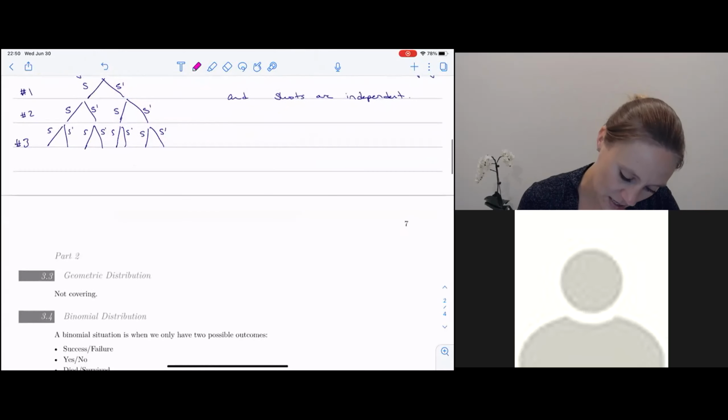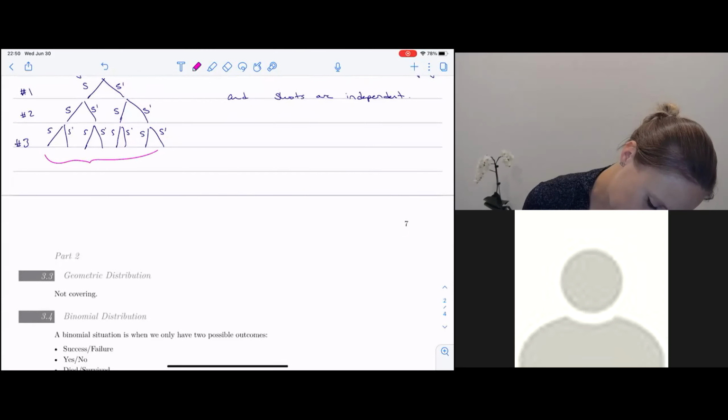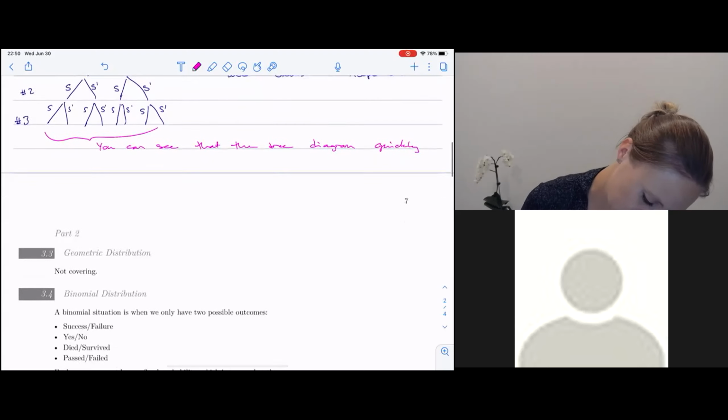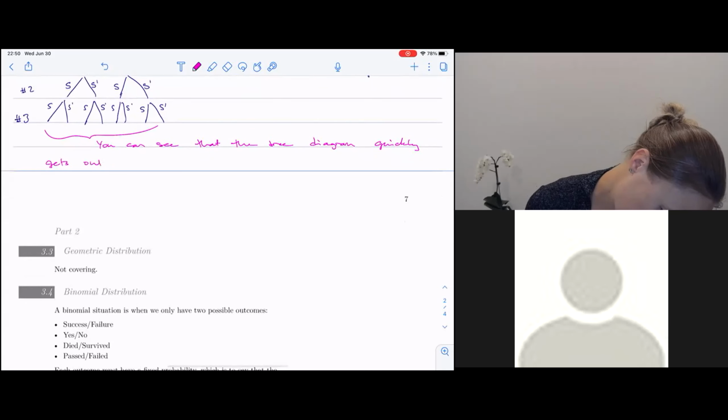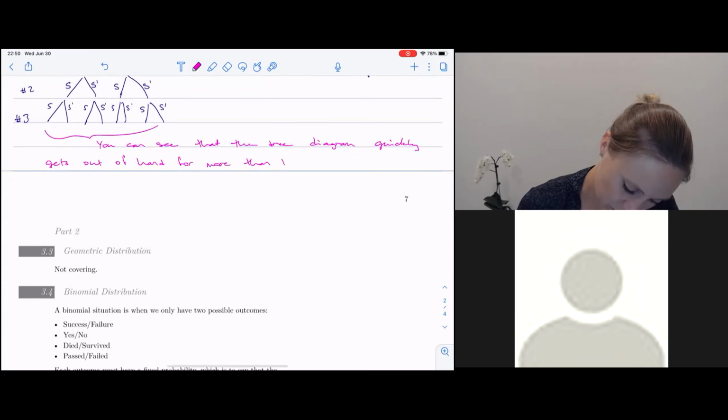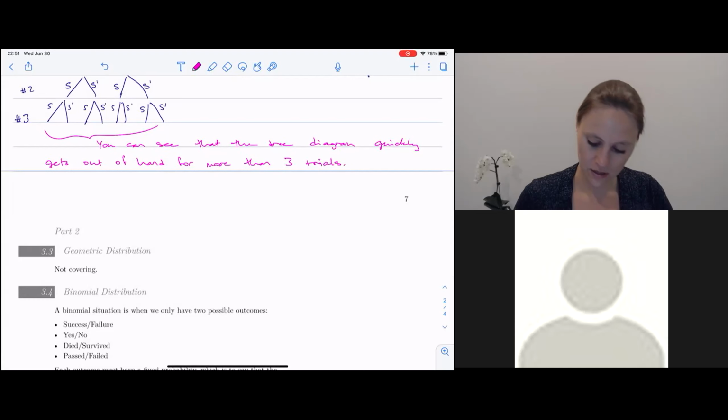So you can see that the tree diagram quickly gets out of hand for more than 3 trials. I'll even put an exclamation mark here.